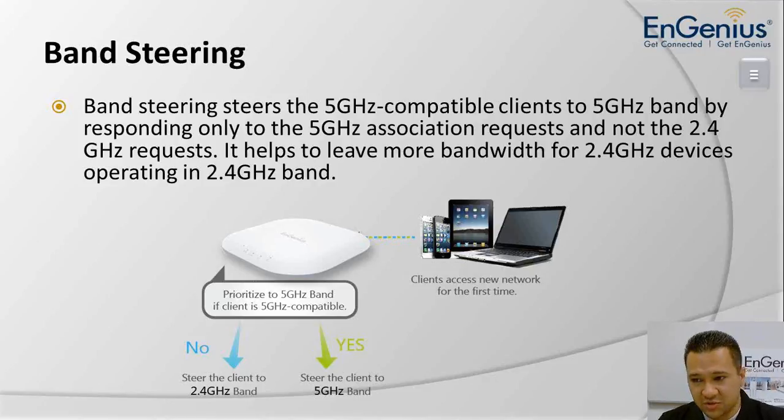At this moment, the band steering, as it is provided by the chipset vendor, is not a perfect solution, because it's not really a managed client solution, but it can be a good tool, and our band steering works exactly like the Cisco and Ruckus ones. So within the limitation that everybody has, we have the band steering in our system.